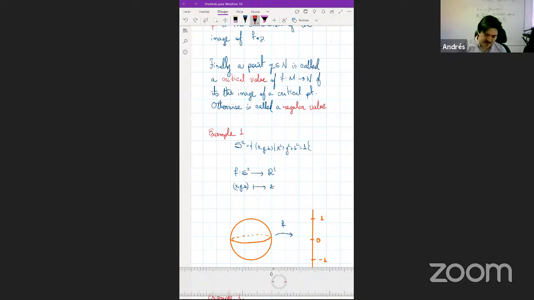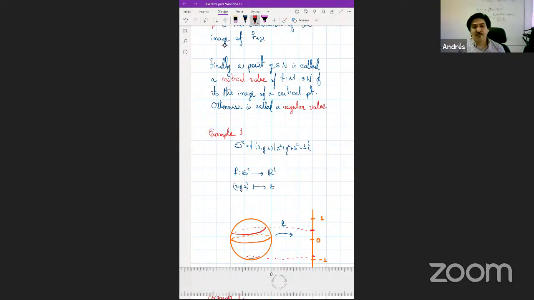Okay? Now, if you take a point here between -1 and 1, the preimage is going to look like a circle. For any point between 0 and 1.